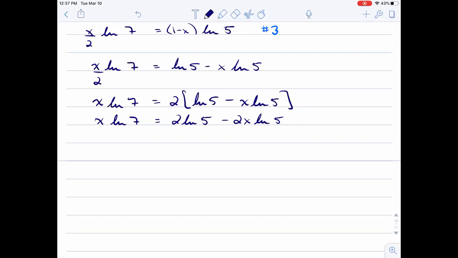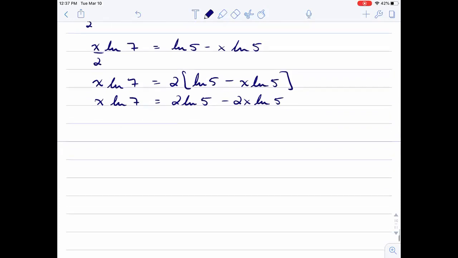Moving my x's to the left-hand side, I can add 2x log 5 to both sides, and so I get x times the natural log of 7 plus 2x times the natural log of 5 is 2 times the natural log of 5.